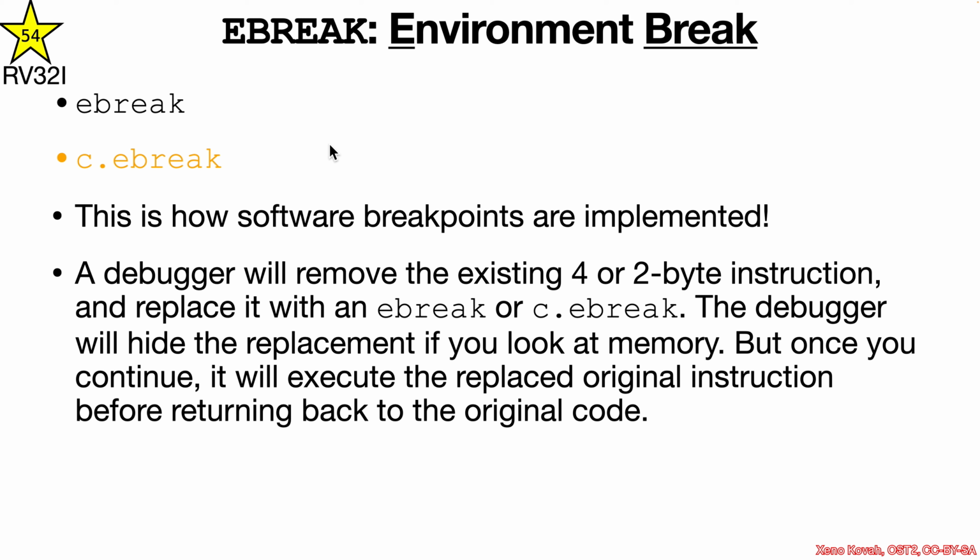Now, in general, debuggers will always hide the fact that they actually just removed the assembly instruction and installed an ebreak or compressed ebreak. So if you were to just do from within the debugger a read memory of the address where you put a software breakpoint, it's going to show you the original instruction because that's what most people want to see.